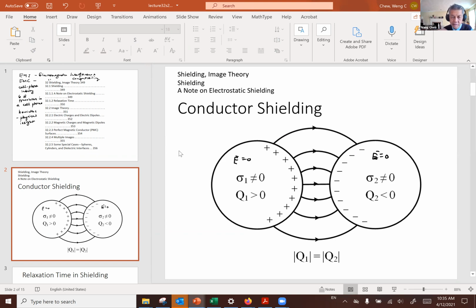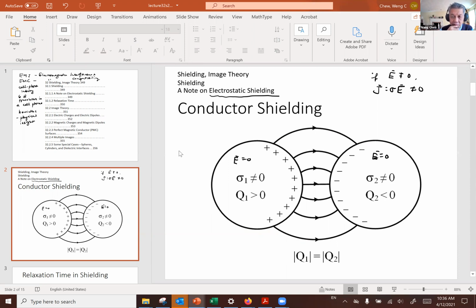The reason is because if the electric field is not 0, if E is not 0, then J is equal to sigma E is not equal to 0. Then there will be current flowing inside this conductor. And that is not electrostatic shielding, because we want to talk about electrostatic shielding as to what happens in the static regime where nothing else is changing.